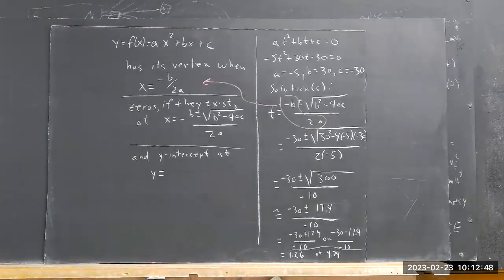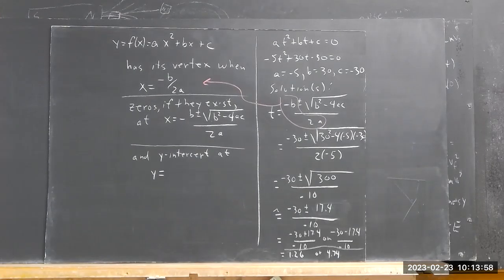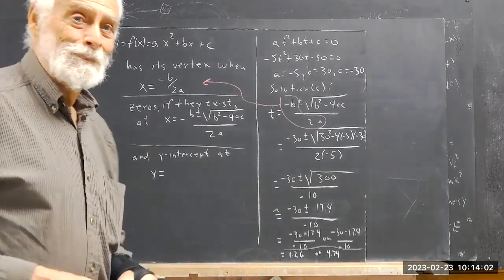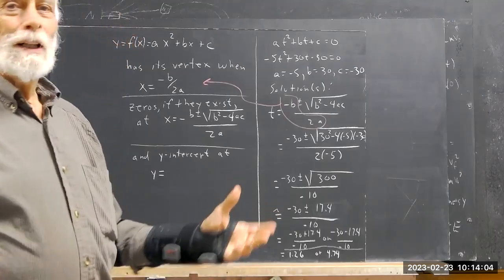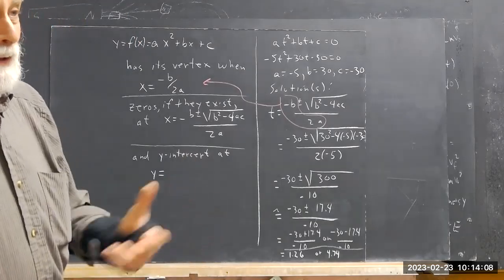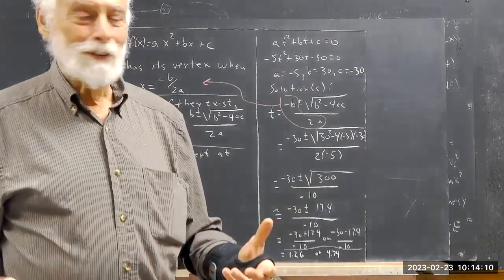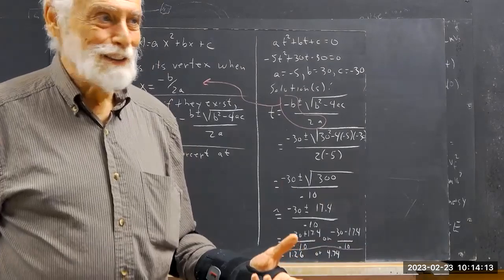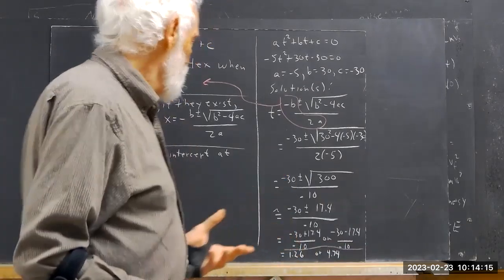Now you tell me, what's the y-intercept? I asked what it is, and someone told me C. Well, how did you figure that out? I just remembered it because I did it last night. That's very good, because you did something last night and you actually remembered it, and it makes me even more optimistic.